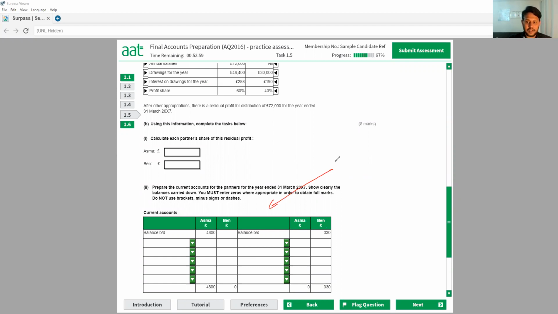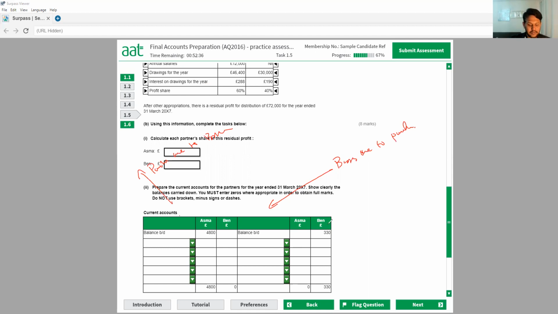And if the partner needs to give anything to the business, we say partners owe to the business. So if the partners need to give anything to the business, they have to record it on the debit side. So let's have a look.